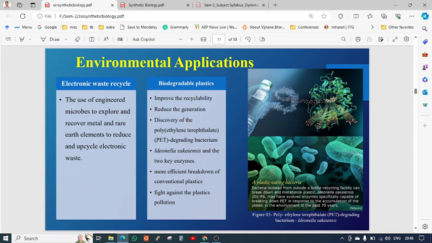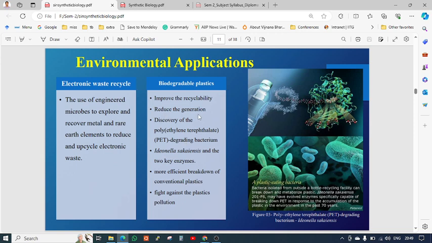So production of biodegradable plastic is the most important feature nowadays, which improves recyclability. Plastic can be decomposed by microbes due to this application of synthetic biology. We genetically modify, or synthesize, some microbes or organisms that can decay this waste plastic from non-biodegradable to biodegradable.